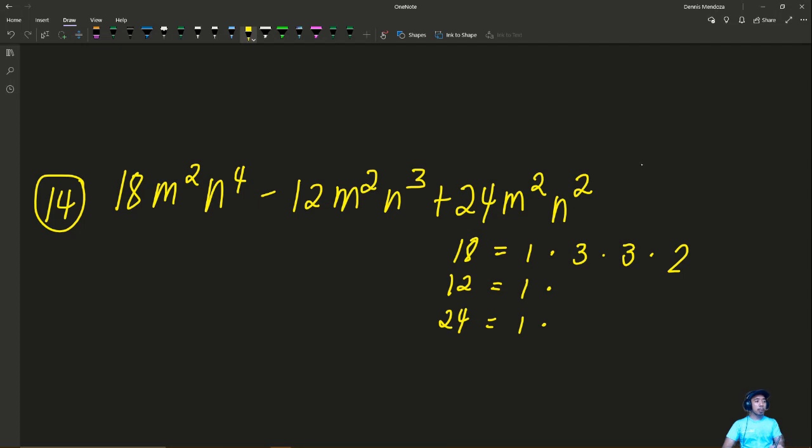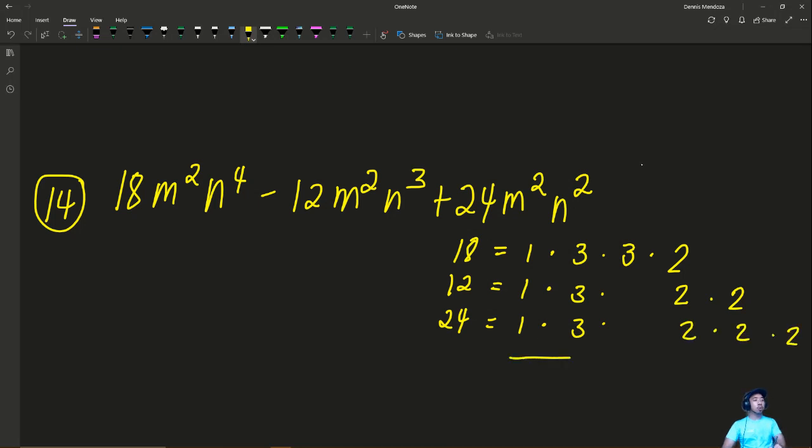So for 12, we know that 4 times 3 would make 12. So we could write 3 already here. And then for the 4, it is 2 times 2. So you write 2 times 2. And then for 24, we know that 12 times, or maybe 8 times 3 again. 8 times 3. So you write 3, and then the 2 times 2 times 2 here.